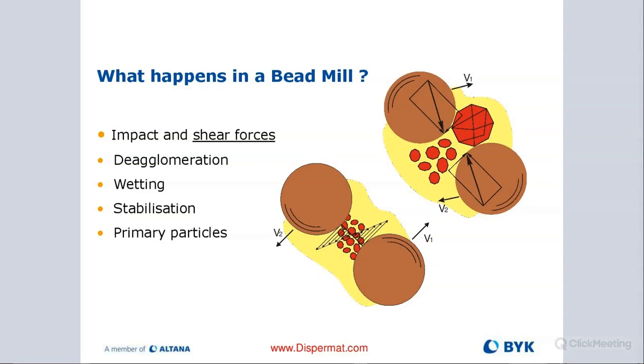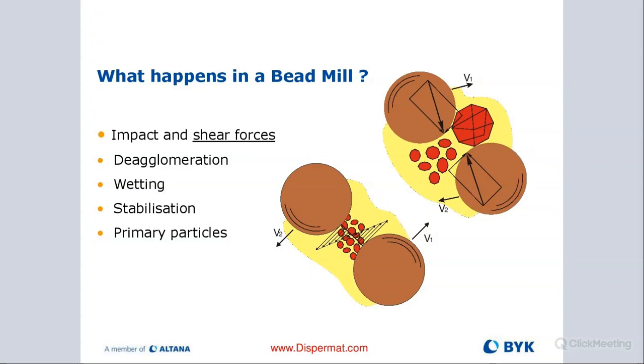When we talk about milling, we always talk about having media in there. If you look at that slide right here, inside of a milling chamber, you have a certain volume of beads. These beads get thrown around with tremendous force, depending how fast you run your rotor or your milling disc. We talked earlier about 10 to 16 meters per second, so that's pretty quick.